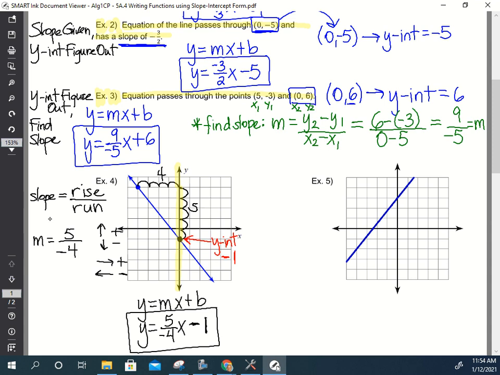Any questions before we do example 5? So again, for those people who printed out the notes, you don't have to worry about the graph because it's already printed on it.